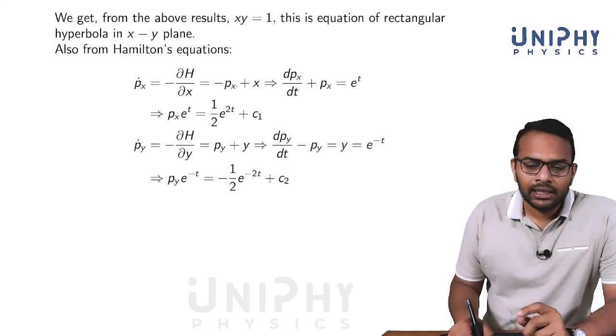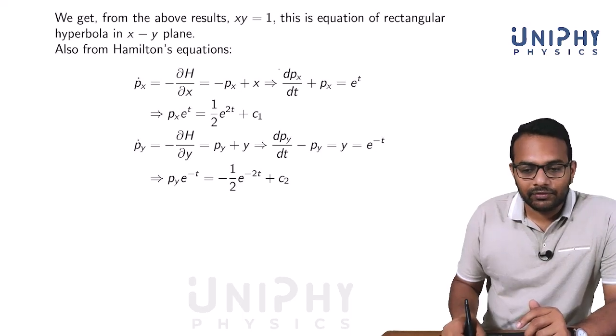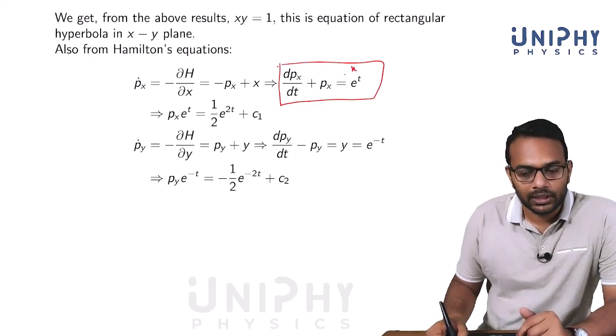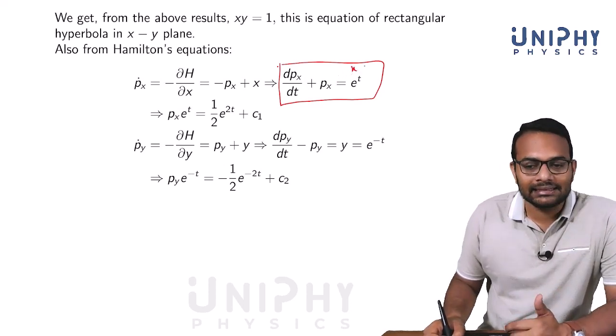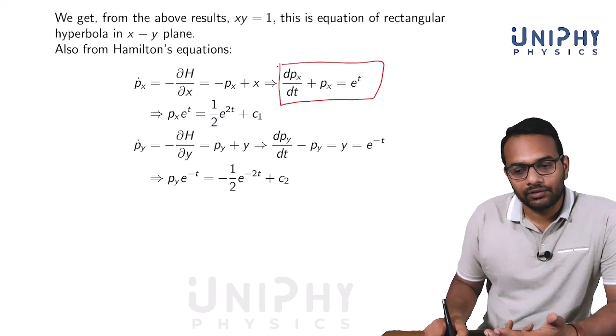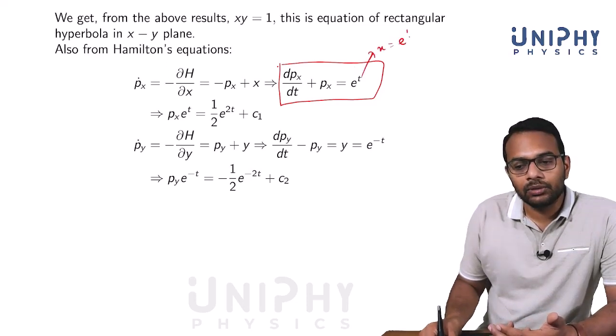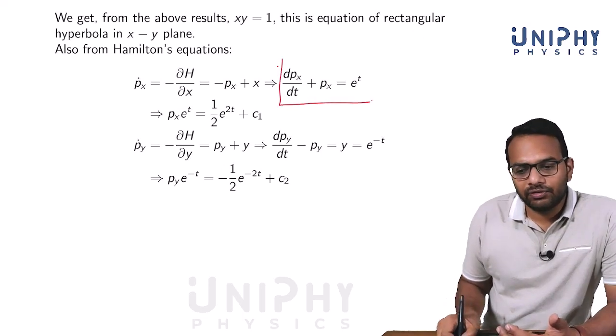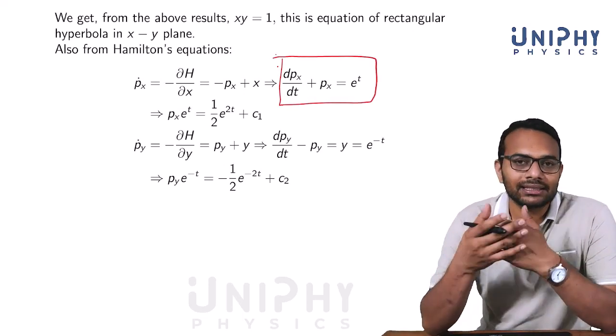Now this means that we have this differential equation dPx by dt plus Px is equal to x. We have already found x is equal to e raised to t, and we have substituted it here to get this differential equation. You must already be familiar with solving these kinds of differential equations.